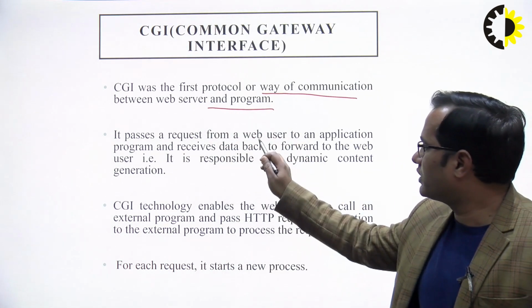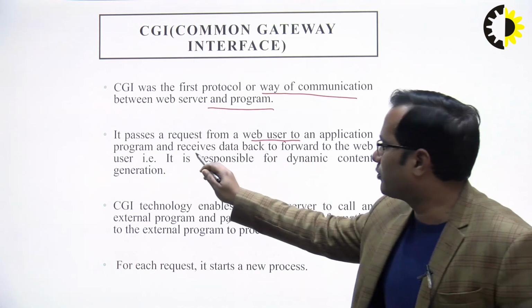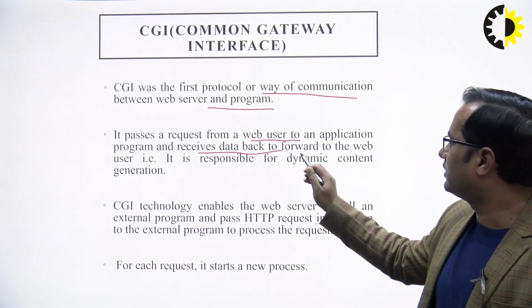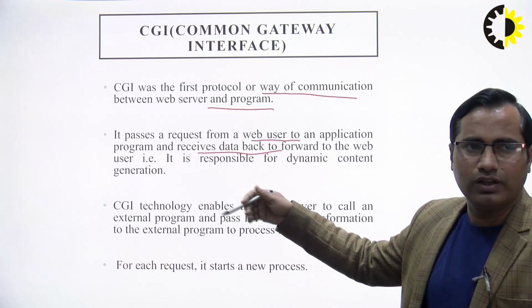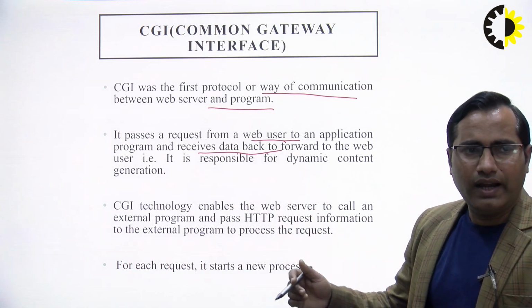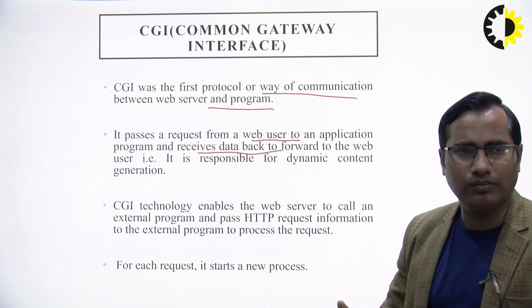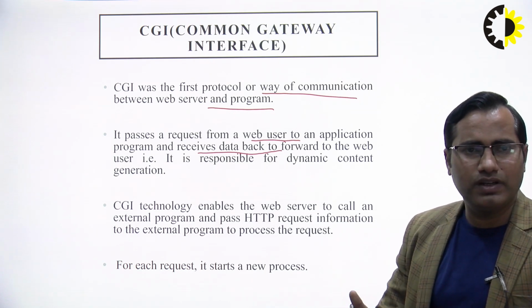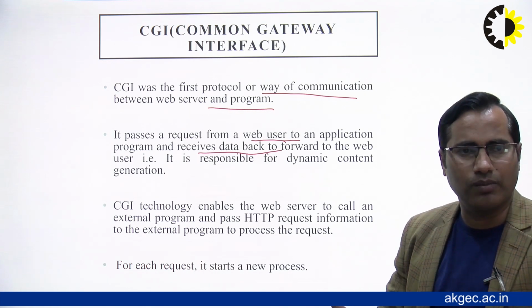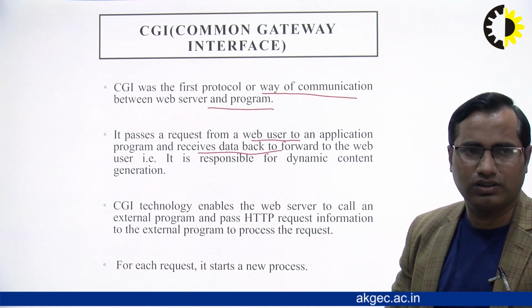It passes the request from the web server to the application program and receives data back to forward to the web user. And CGI technology enables the web server to call an external program and pass HTTP request information to the external program to process the request.